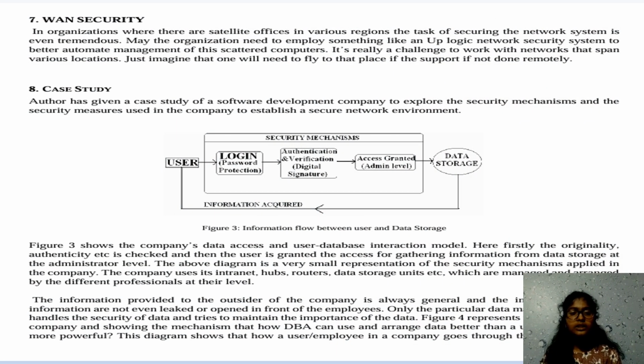Next is WAN security and a case study. In this case study, the author illustrates the security setup of the software, including access control, role-based data access, and security hierarchy.